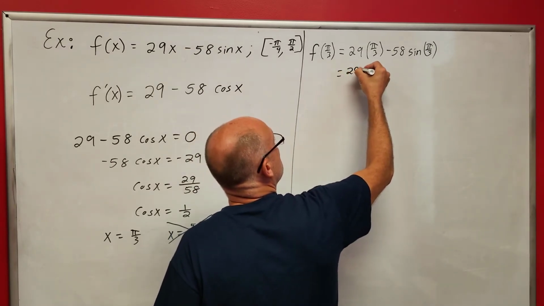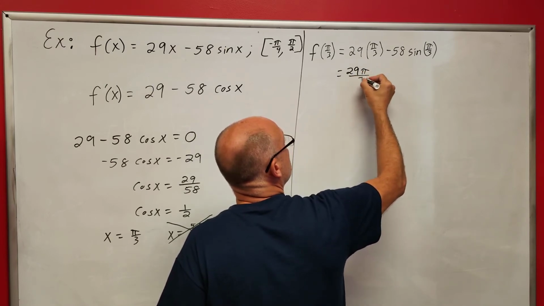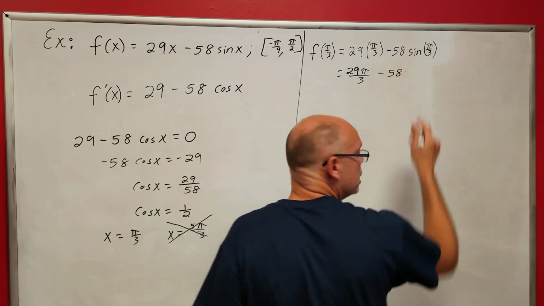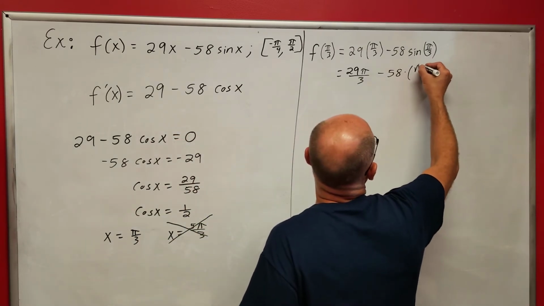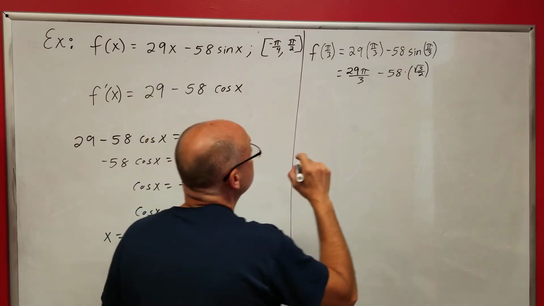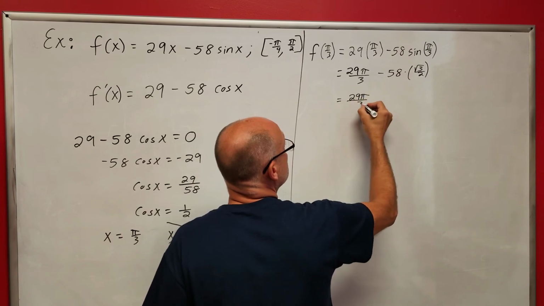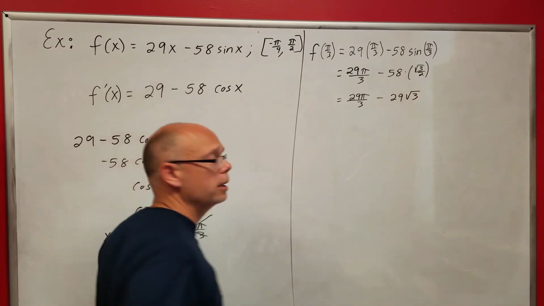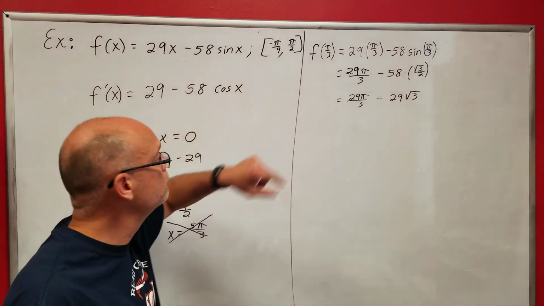So that's 29 pi over 3 minus 58. Well, what's the sine of pi over 3? The sine of pi over 3 is square root of 3 over 2. So if I simplify this, I get 29 pi over 3 minus 29 square roots of 3, right? So that's f at pi over 3.